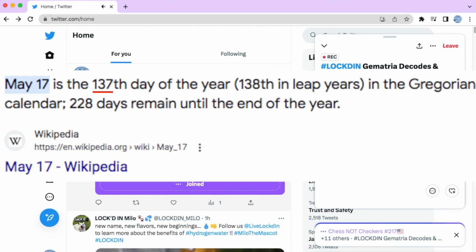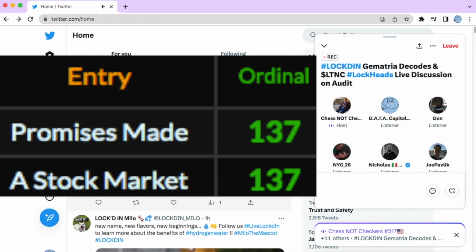In any other year, it's the 137th day of the year. So 3 out of 4 years, May 17th is the 137th day of the year. And stock market equals 137 in English ordinal. Promises made equals 137 in English ordinal as well.